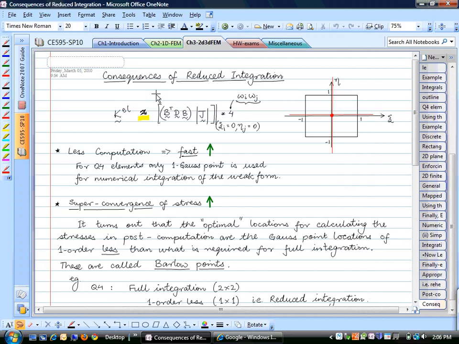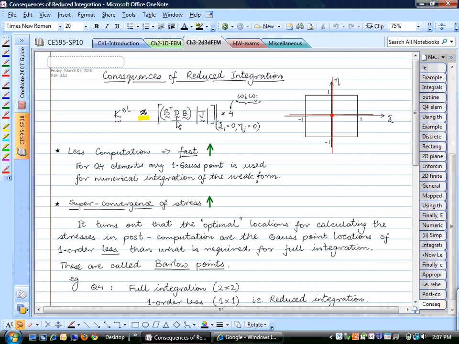So essentially, if we use 1 cross 1 Gauss quadrature, we are saying that our k element is approximately equal to this quantity. If you remember, there was a summation over i and j for Ci and Cj. In the previous pages, there was a summation over the number of Gauss points. But since in this case there is only one Gauss point, we don't need to sum it over anything. We just calculate this B matrix at this point.